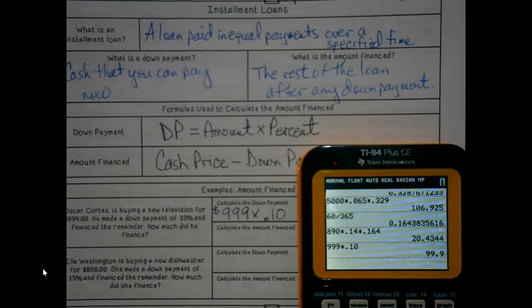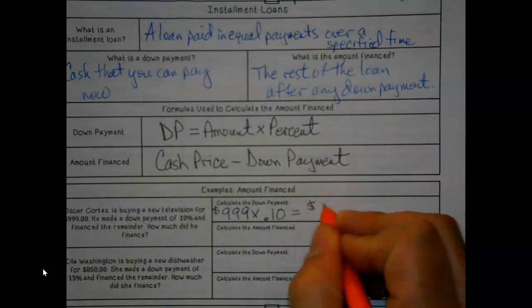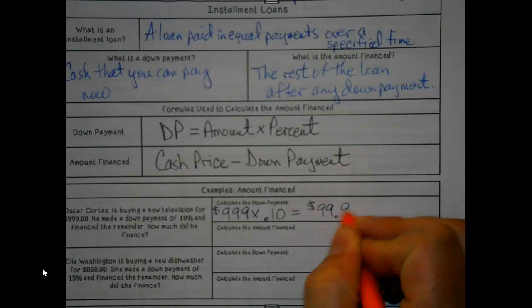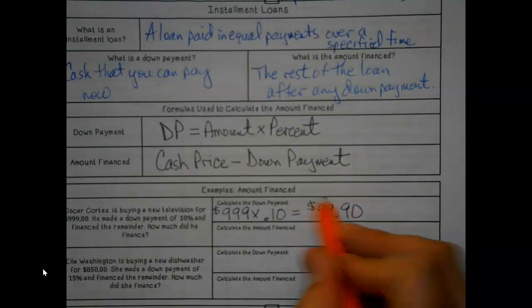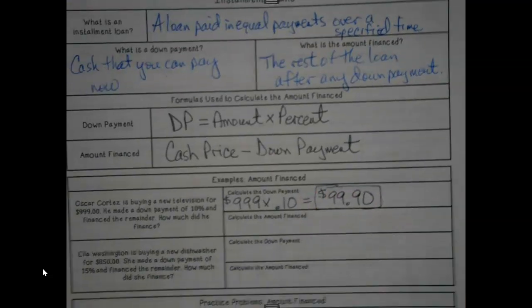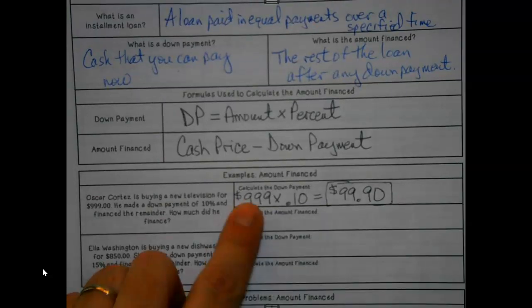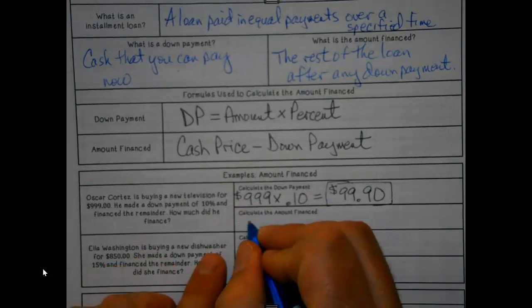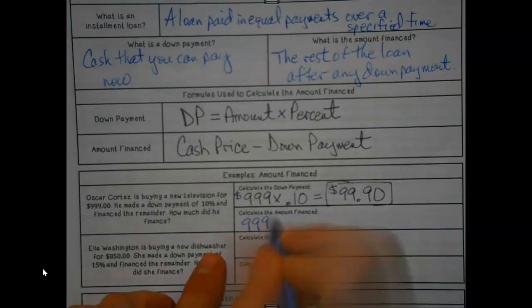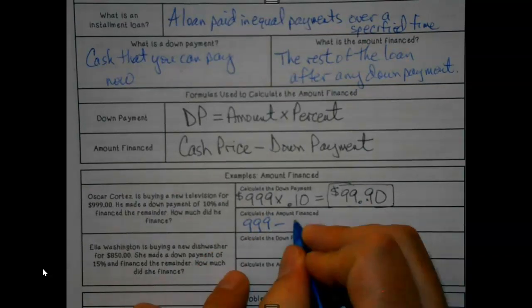So $99.90 would be my down payment. Now, if I'm Oscar, I'm just handing him 100 and saying, you know, figure it out. But if that's true, then our amount financed is how much we were paying to begin with, still $999, minus my down payment.